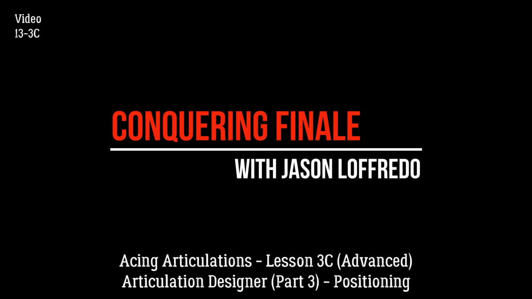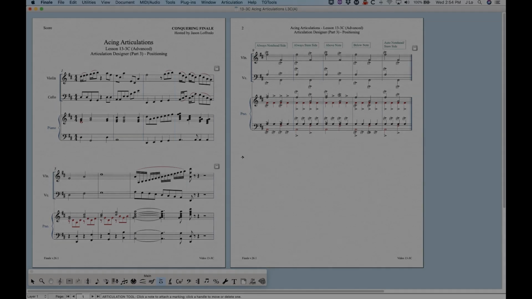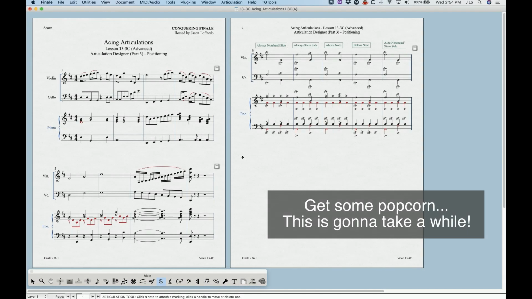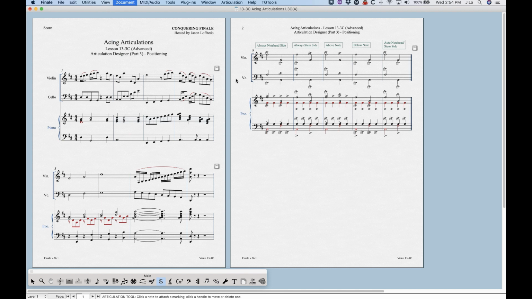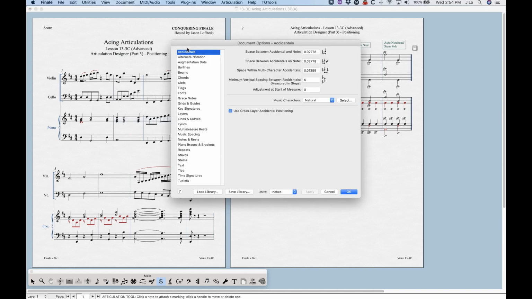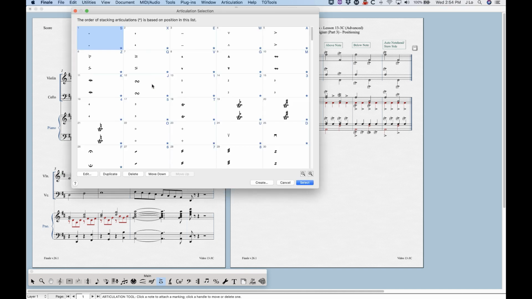This is the third part of the Articulation Designer series, and we're talking specifically about positioning. Now, the one thing that's unique to articulations in Finale in regards to positioning is that there is no global setting for articulation positioning. In fact, if you go to the document options, you won't see any pane for articulations. This is because articulations in Finale are very a la carte in their positioning.